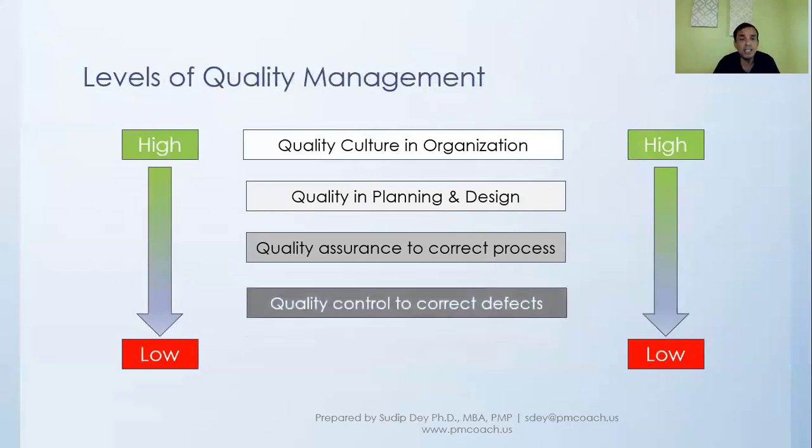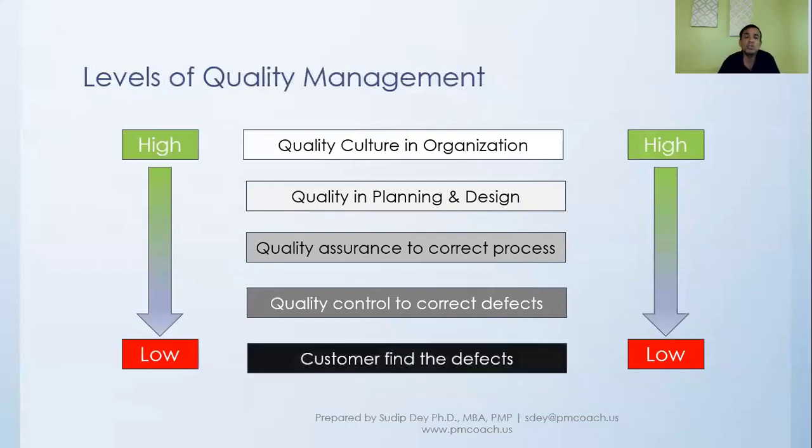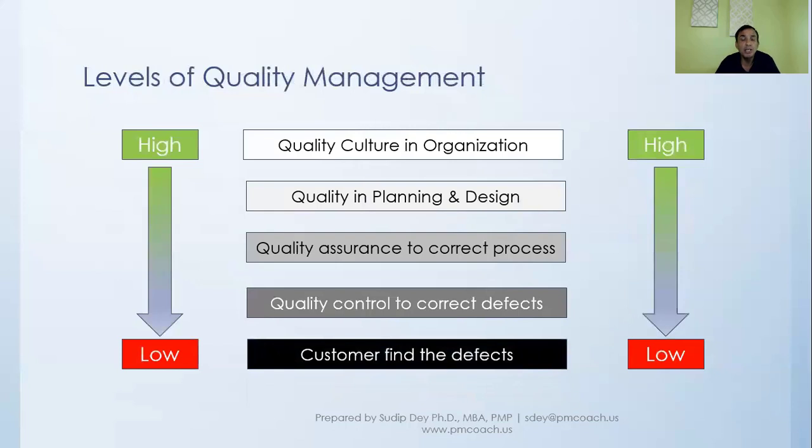Then the next level is where we don't really have a sound process, or rather we don't think in terms of process, but before we release to the customers, we have quality control in place so that we correct any defects that we find before it leaves the shore. And then finally, the costliest effect is when we let the customer find the defects.